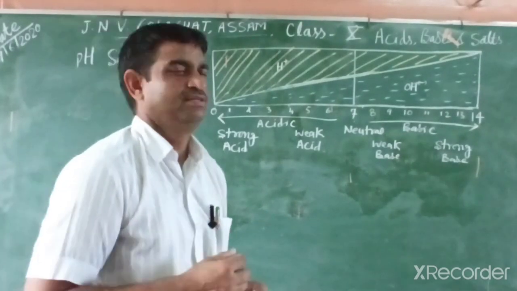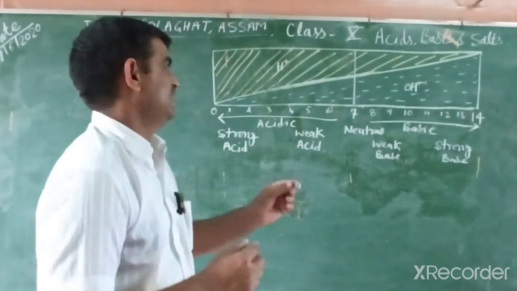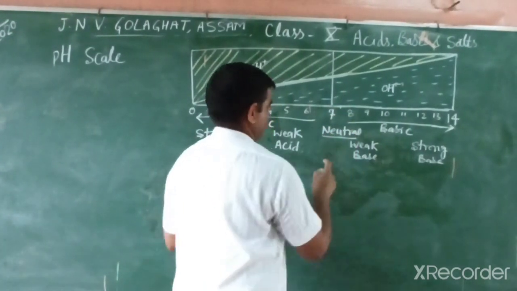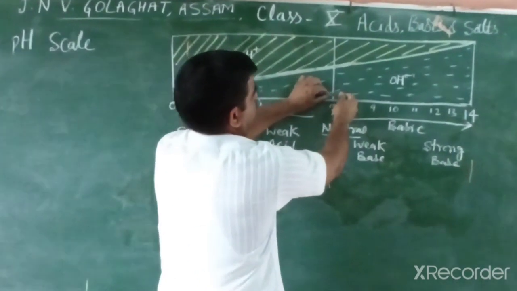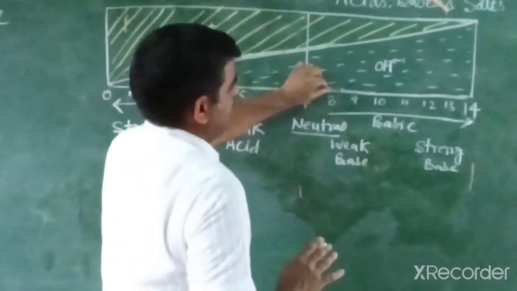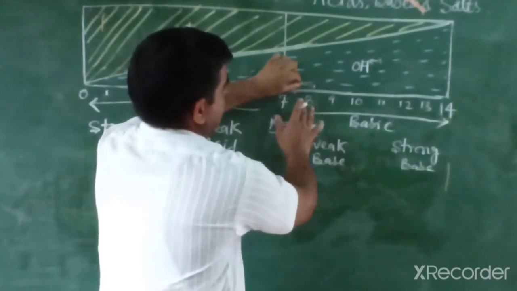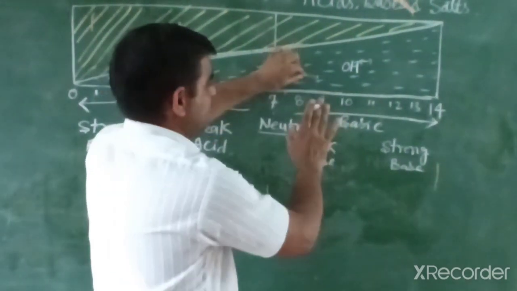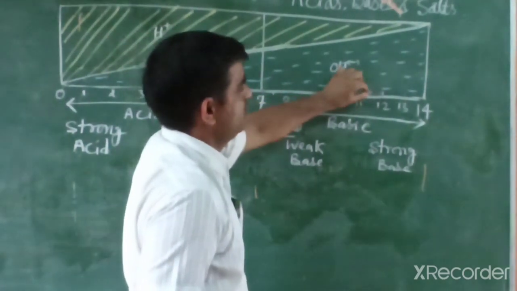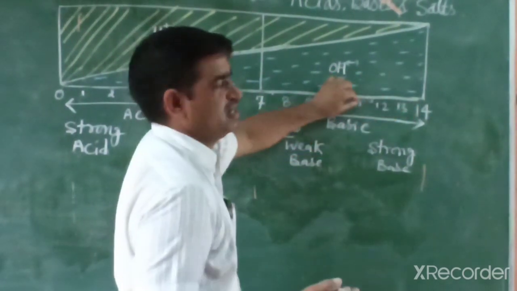What does it indicate? What is its pH? When light green, then the pH is near 7, that is a neutral solution. Because the solution is neutral, then pH is near 7. And when light blue, then pH is near 8, 9, slightly basic, a weak base. When pH is 11, 12, 13, 14, that is dark blue.